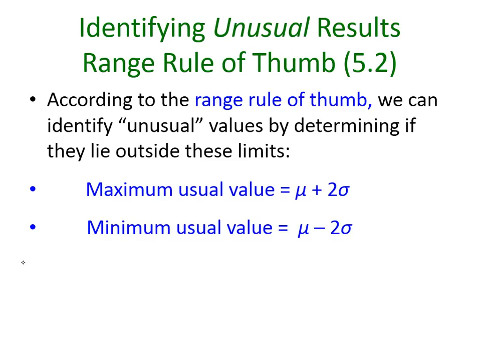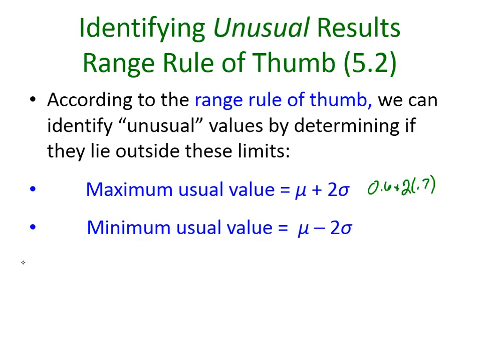Okay, figuring out what's usual and unusual then. Remember our range rule of thumb was the fact that 2 standard deviations is what's usual. So your usual values happen within 2 standard deviations of the mean. So in this case, my maximum that I would anticipate of seeing would be my mean plus 2 standard deviations, which in this case would be that 0.6 plus 2 of my standard deviations of 0.7.